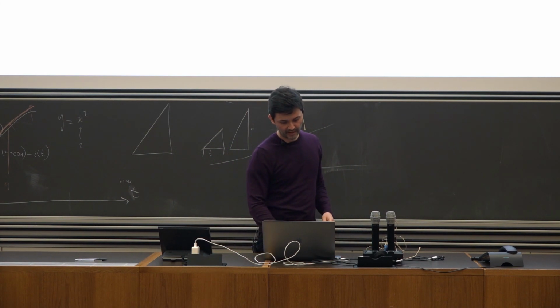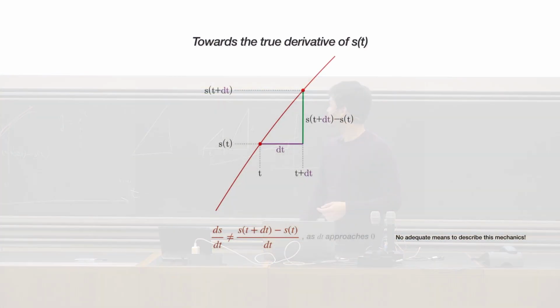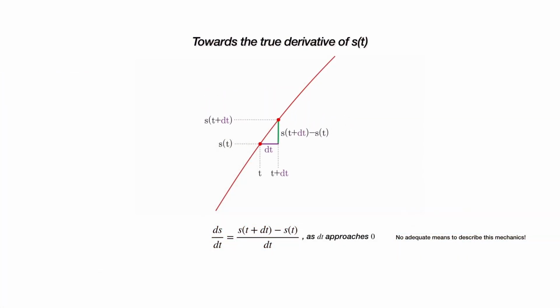Yeah. So what you could do, you could use language. So you can say the derivative of speed at the point of t is this ratio of this green line and purple line as dt approaches 0. So if you say that, then you're correct. That is what is happening, yeah?